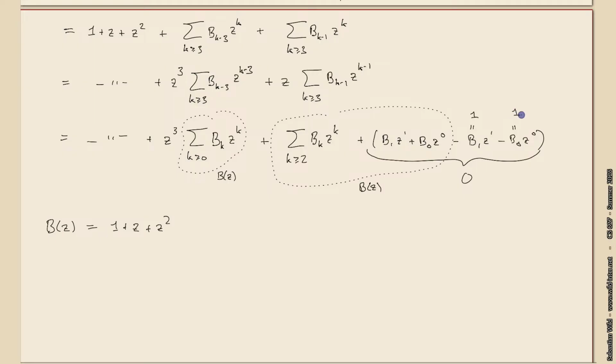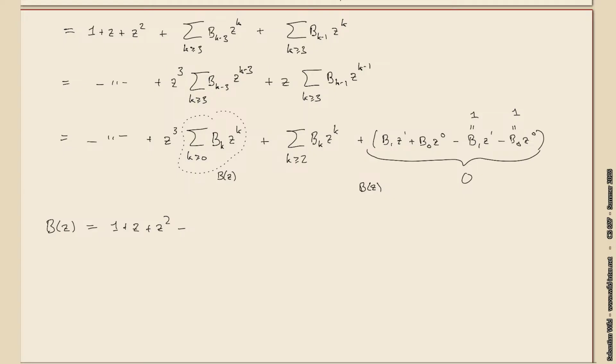So some things cancel. And then I lost, okay, they don't cancel because I lost track of the factor z here. So that has to go in front of the entire thing.